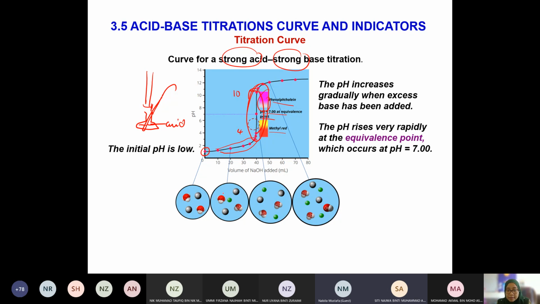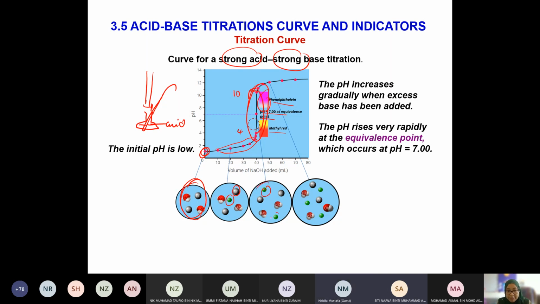Okay, this is the part where we only have hydrochloric acid. Initially we only have the acid, and after a while we start to have Cl, and then water of course, and then we start to have sodium plus in there. We start to have base in there, and the same goes to this one.